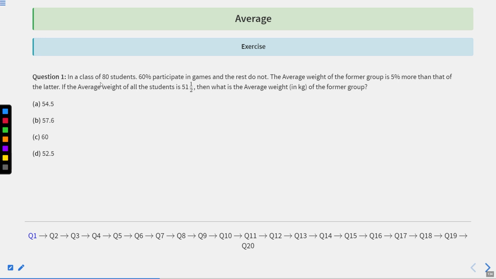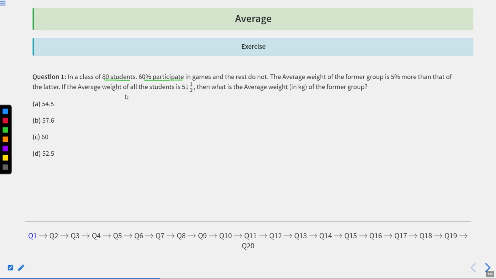So, in this question, we are given that there are 80 students in a classroom, and out of which 60% participate in games and rest do not. That means 40% students do not participate in games. So the average weight of the former group is 5% more than that of latter group.